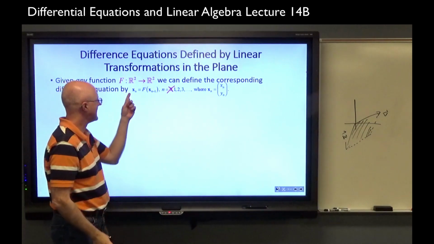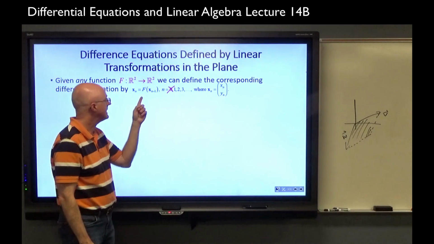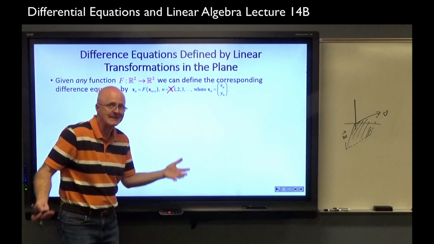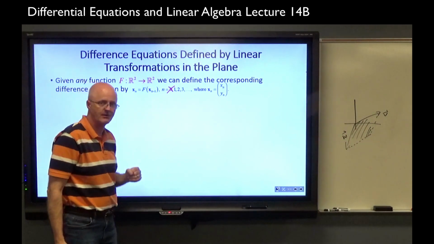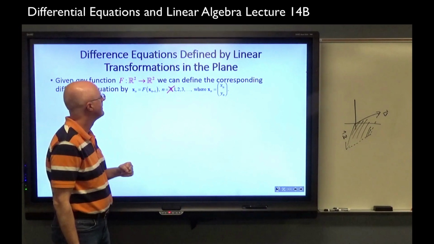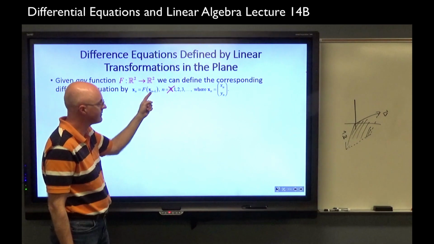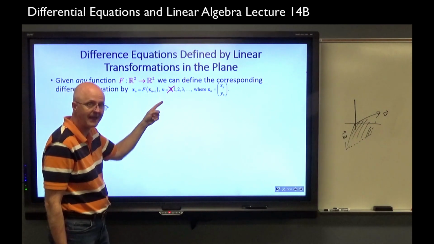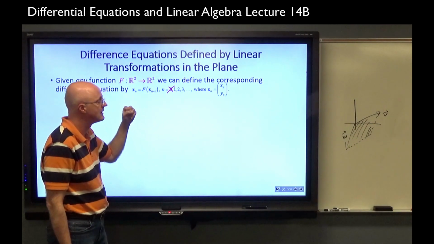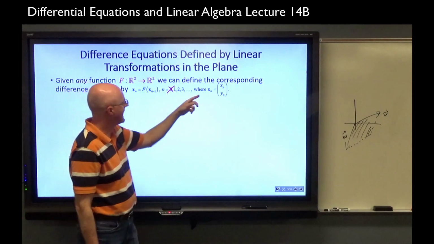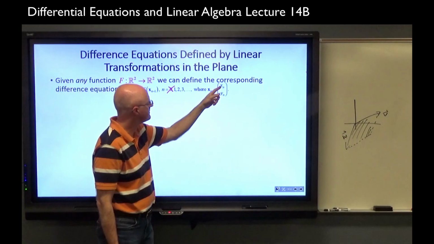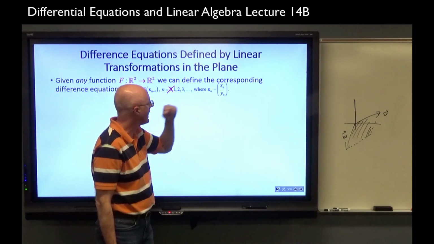If I wrote it as x_{n+1} equals f of x_n, which really means the same thing, then n would start at 0. But here I'm starting with n equal to 1. When n equals 1, we are talking about x_0, 1 minus 1 being 0. Where x_n is this vector whose components are non-boldface x_n and non-boldface lowercase y_n.